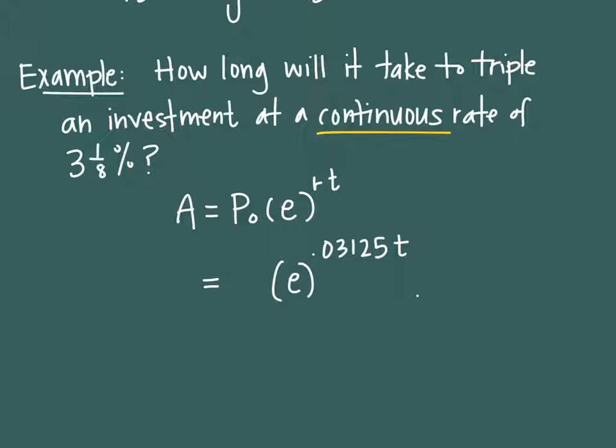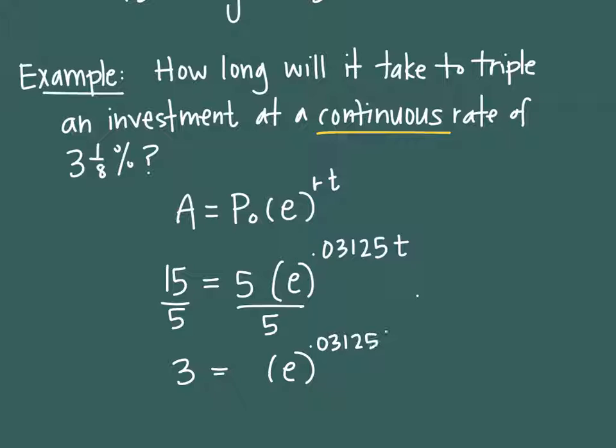Someone else might pick 5, then I'm going to put 15. If I put 1,000,000, I'm going to put 3,000,000. It doesn't matter what you put, because what's your first step every single time? You're going to divide. And so if I divide by that 5, I'm going to end up with 3. No matter what number you pick, the division will always end up to be 3.